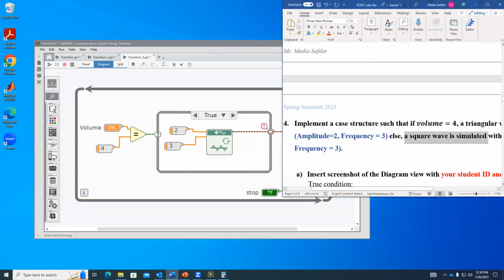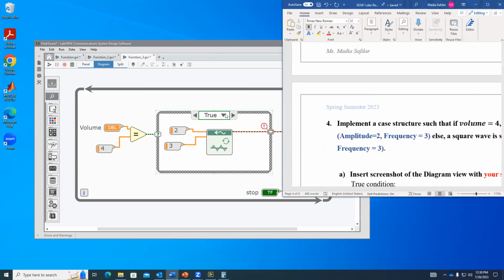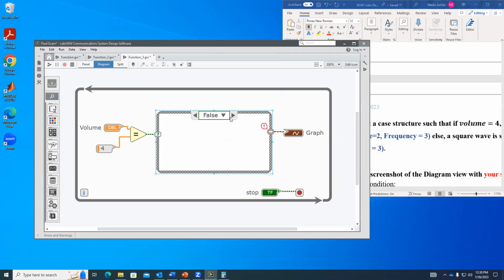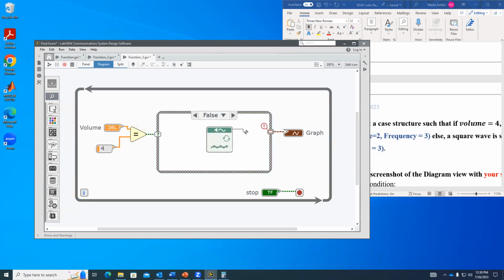There is another condition which is false. For the false, a square wave should be simulated with amplitude 2 and frequency 3. It means from here I can go to false or I can choose from here. So for false, I need again a wave generator. I connect it here.